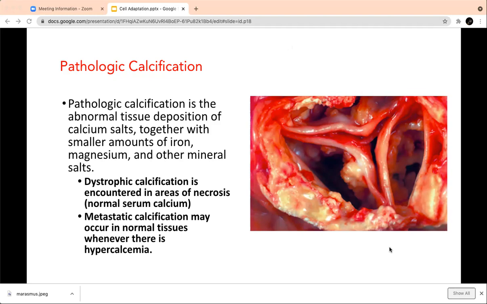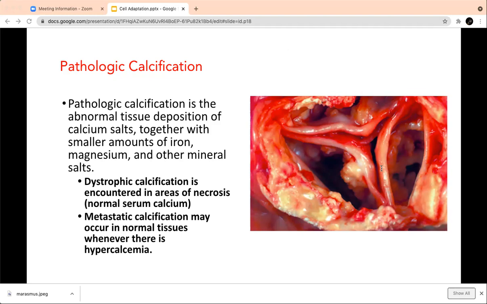By the way, an example of dystrophic calcification is heterotopic bone, which can be present intracellularly or extracellularly. Ibig sabihin, in areas na hindi dapat siya nandun, nandun siya. All right? So in case of heterotopic bone, that's an example of your dystrophic calcification.